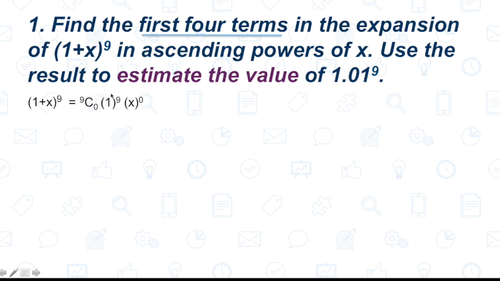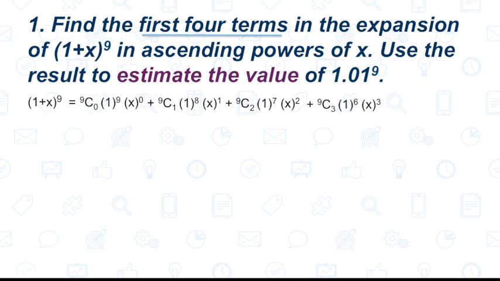As for the powers of the first term, they are decreasing, starting from the given index, which is 9. So the next will be 1^8, 1^7, and 1^6. And for the second term, the powers will be increasing starting from 0. So that will be x^0, x^1, x squared, and x cubed. So the four terms will look like this.